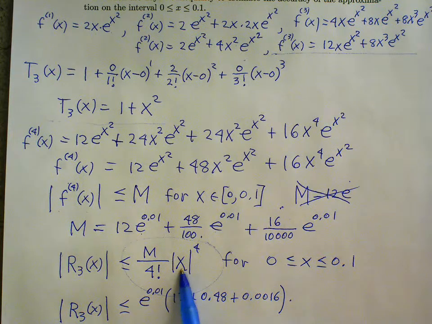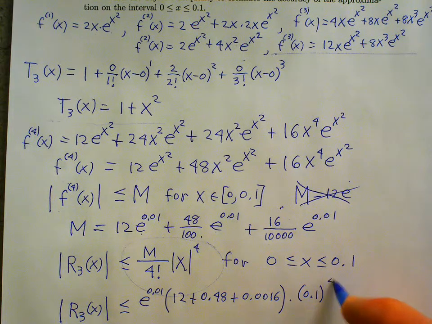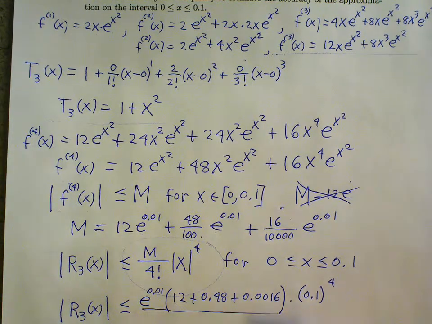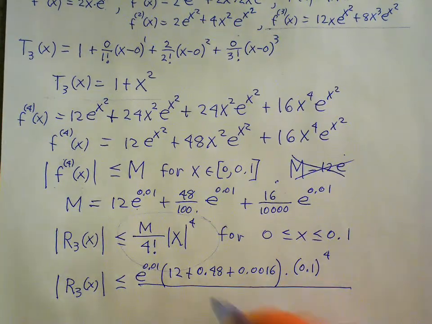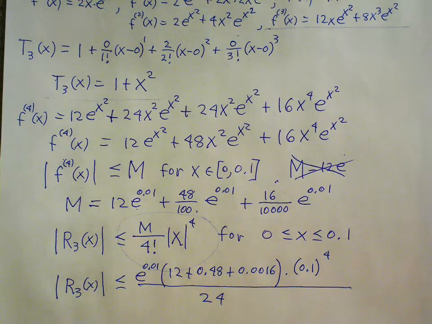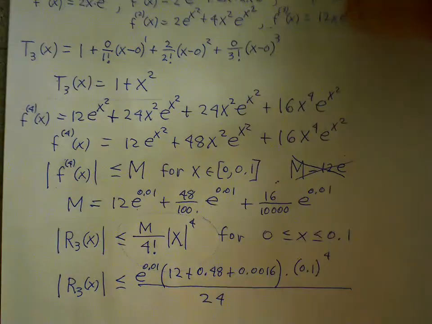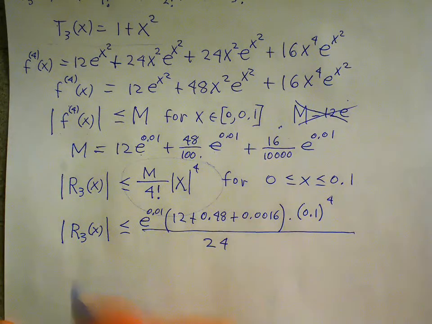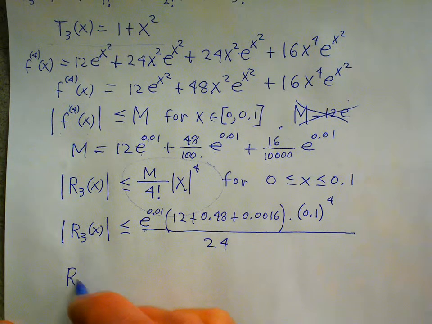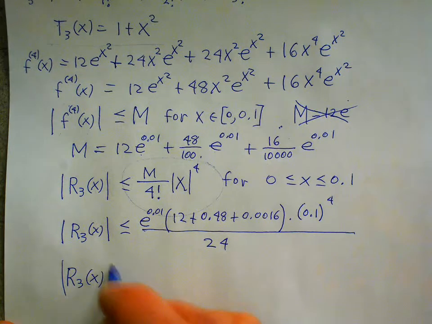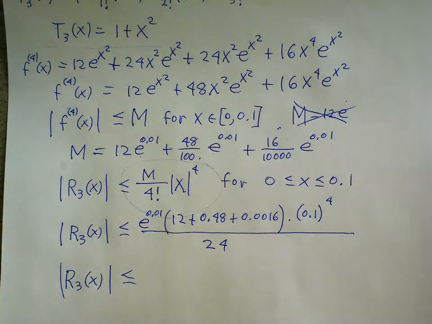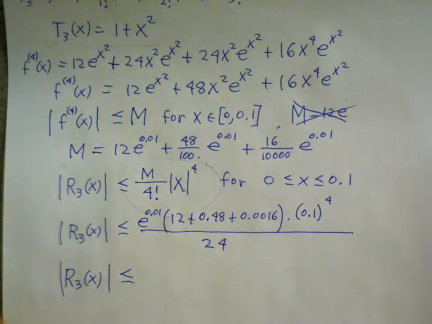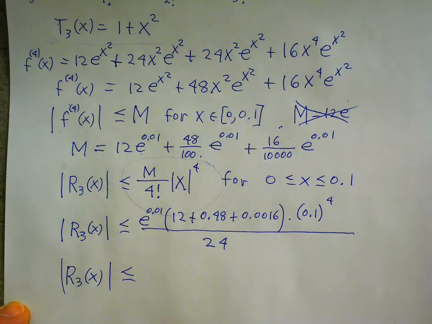And then replace x with 0.1, so we have 0.1 to the fourth. And divide it all by 4 factorial, which is just 24. So let's go ahead and key this in and see what this number is. That will tell us how good of an approximation the degree 3 Taylor polynomial is on that interval from 0 to 0.1.